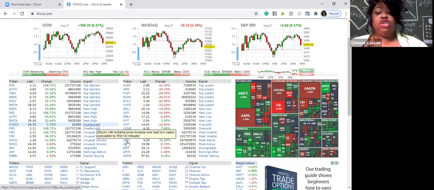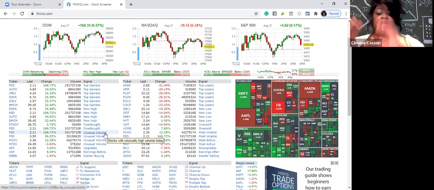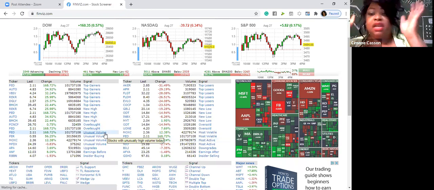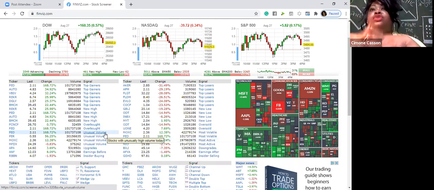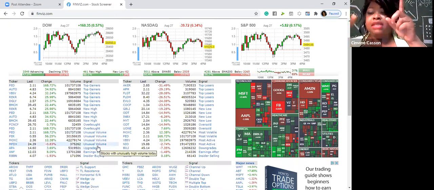And then unusual stock volume, so a trading volume. That means that if that company usually trades like 1 million shares a day or whatever, and now they're doing 2 million, or maybe they're doing 500,000, that is an unusual trading volume amount in that time frame, right? Upgrades. What does upgrades mean?